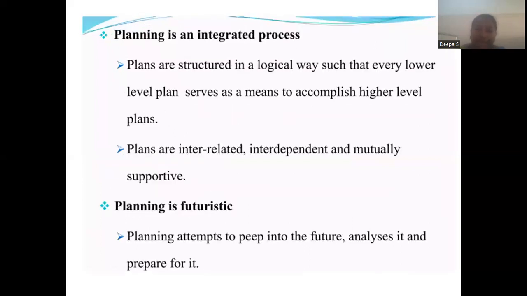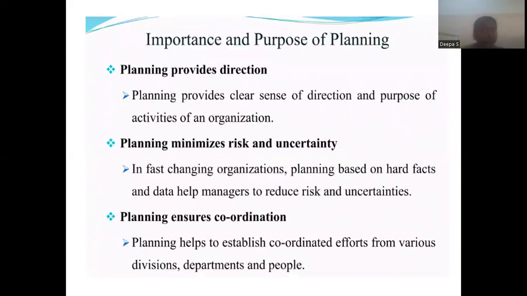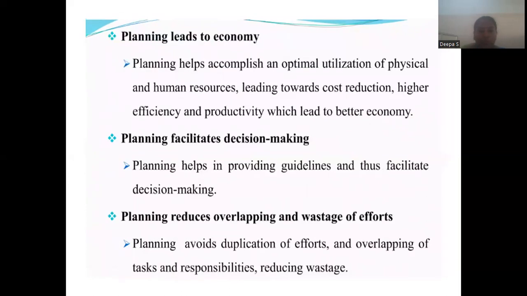Planning is an intangible process. A lower level plan has to derive from higher level plans, so plans are interdependent and mutually supported by the organization. Planning is futuristic, in the sense that you can analyze and prepare. These are the things performed in your planning process.